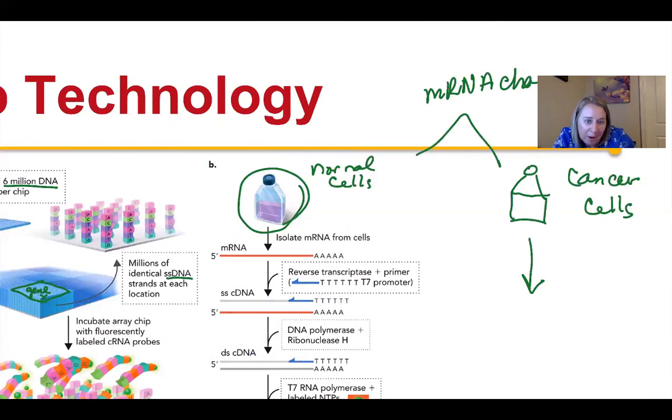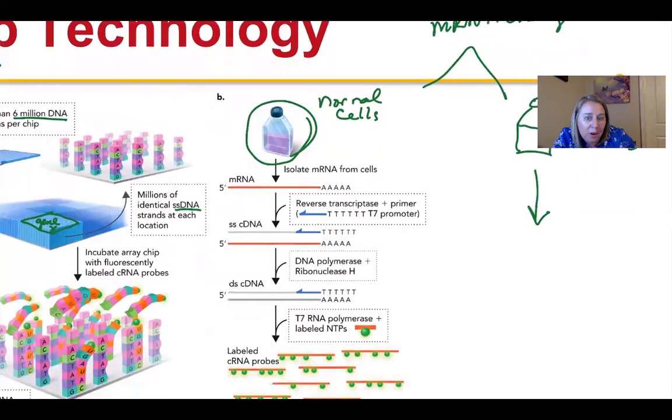I'm going to isolate my mRNA. I'm going to use a primer that anneals to my poly A tail, because remember, all of our mRNA transcripts get that poly A tail. So you take a poly T primer and anneal it, and then you start to make these unique single-stranded cDNA strands.